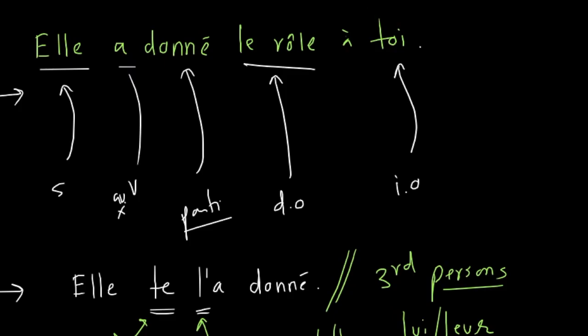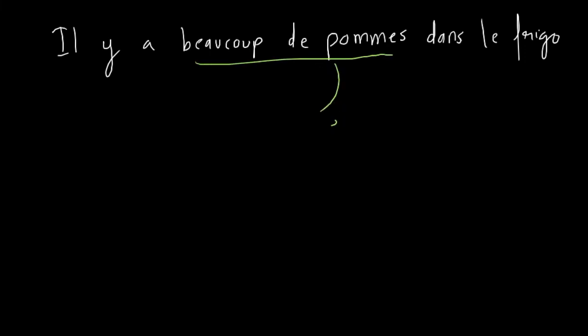So one good example of this ordering would be this. Il y a beaucoup de pommes dans le frigo. Okay. So here we have a situation where we can now use, instead of beaucoup de pommes, we'll replace this expression of quantity with en.